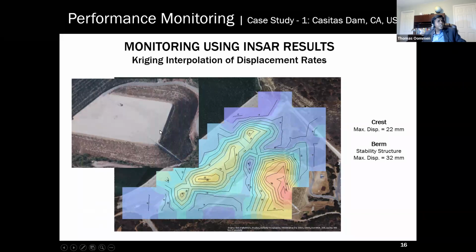However, in the case of the berm that they constructed, although there was about 30 millimeters of movement, we could not see any visible signs of failures. The movements were not visible at this point.